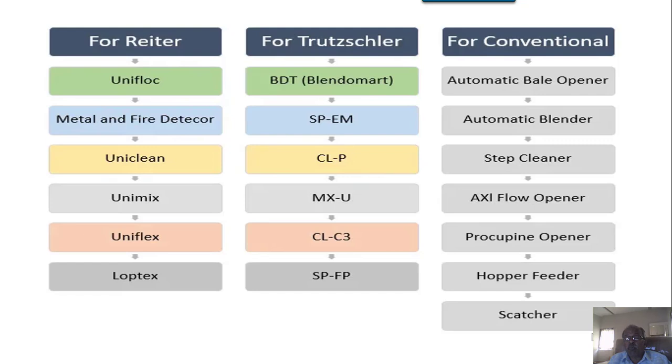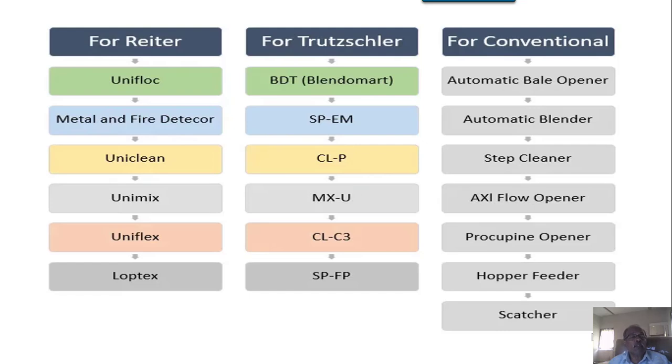Axiflow cleaner, porcupine opener, etc., they were assigned some beating points. And the step cleaner, which was a free flight beater in today's language, was given a half beating point. So that difference is there compared to the conventional line in today's situation.